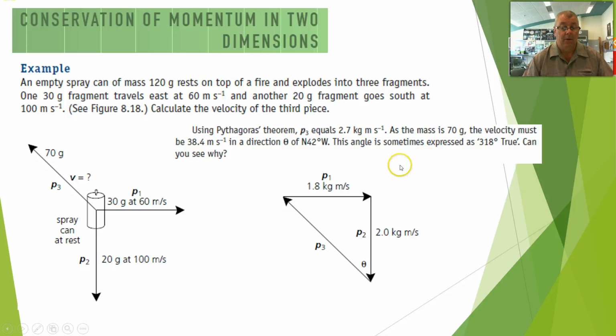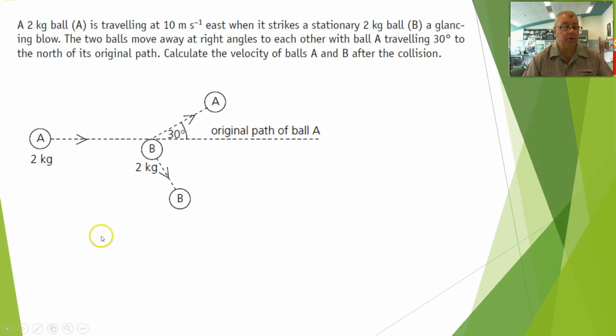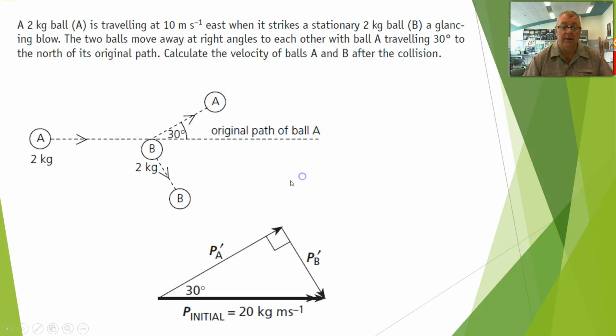Alright, another question. Here we have ball A, 2 kilograms, travelling at 10 meters per second, strikes a stationary ball. Ball B moves off in this direction, ball A moves off in that direction. Okay, you're given an angle there, you're given the initial momentum, the two momentums must equal each other. Can we work it out?